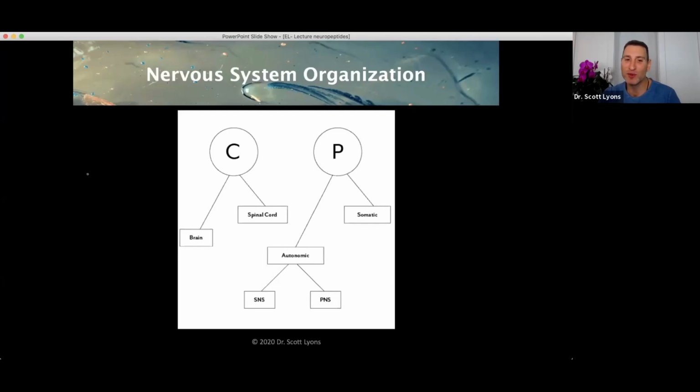We have the central nervous system, which is the brain and the spinal cord. And we have the peripheral nervous system, which is comprised of two smaller wings, the somatic nervous system and the autonomic nervous system. And the autonomic nervous system has two more little wings, the sympathetic nervous system and the parasympathetic nervous system.